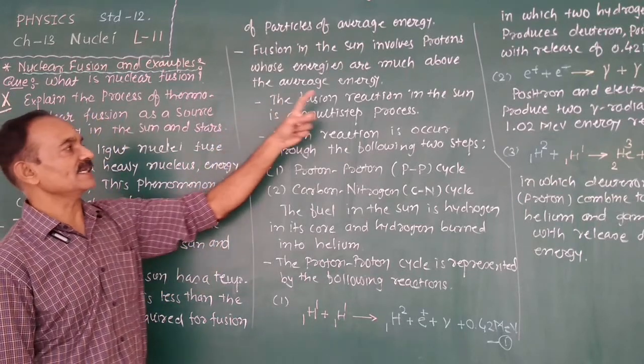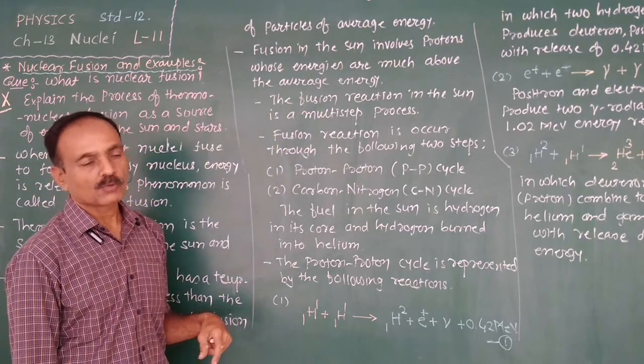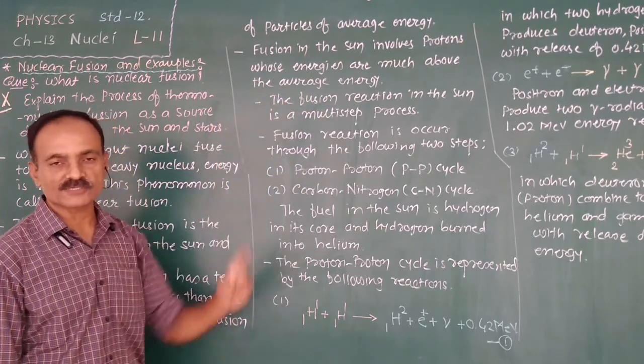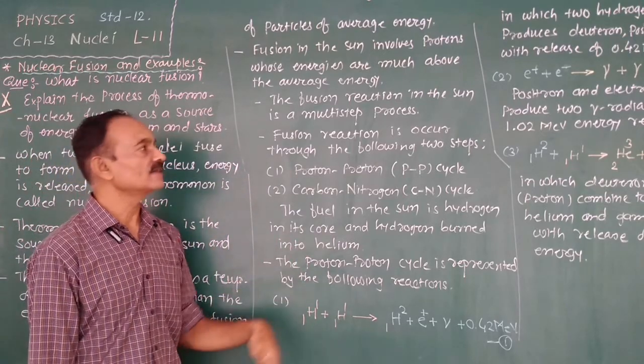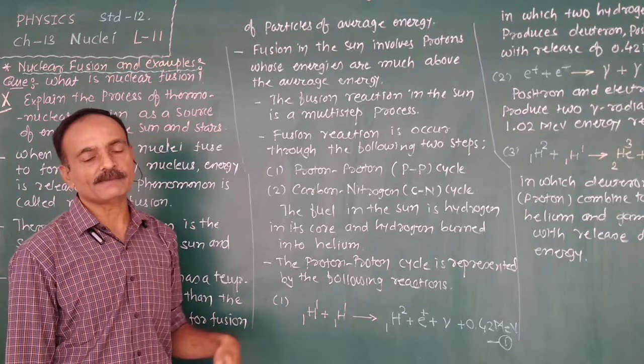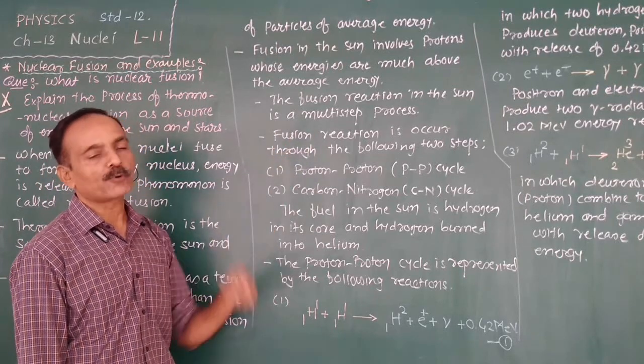The fusion reaction in the sun is a multi-step process. The fusion process in the sun does not occur in one reaction. It takes place in a multi-step process. The fusion reaction occurs through the following two steps.